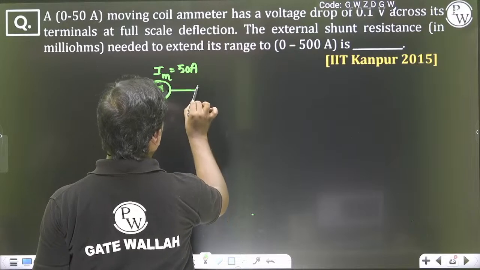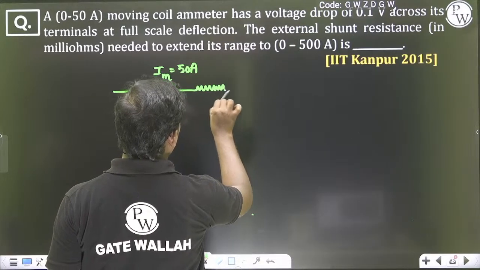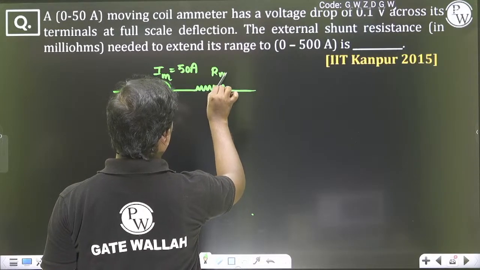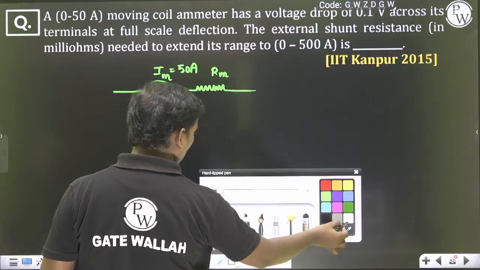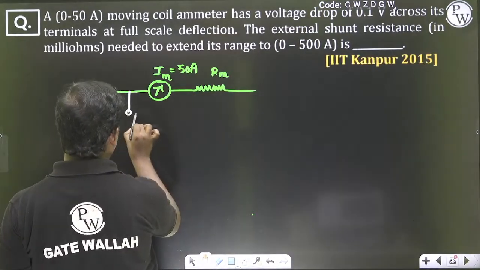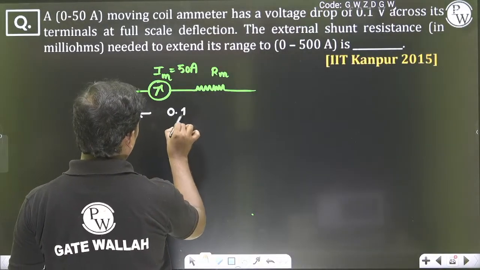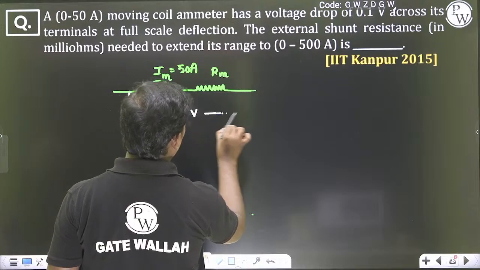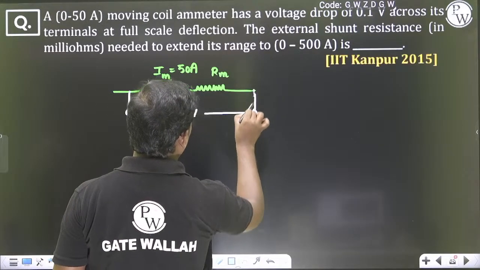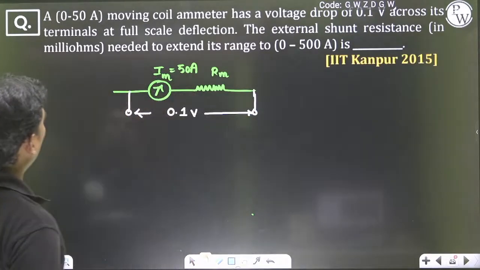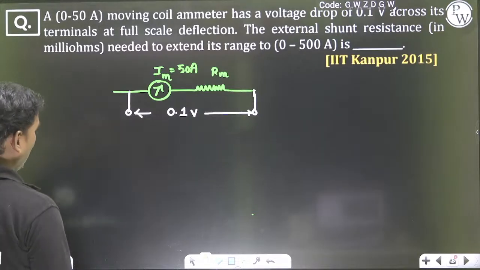I think the meter resistance is not mentioned here. So this is the meter resistance, and this particular one is 0.1 volt across its terminals.